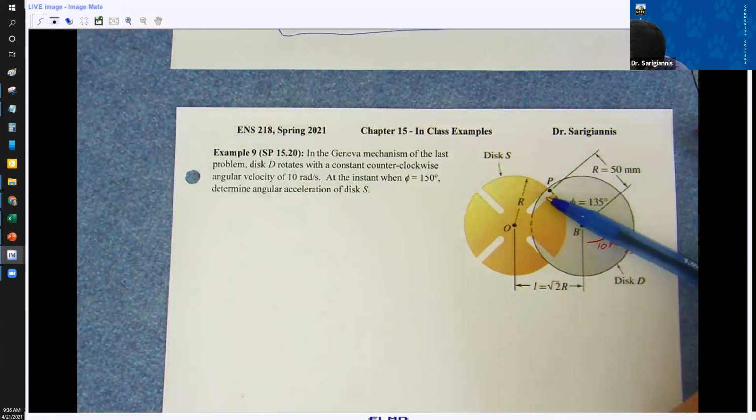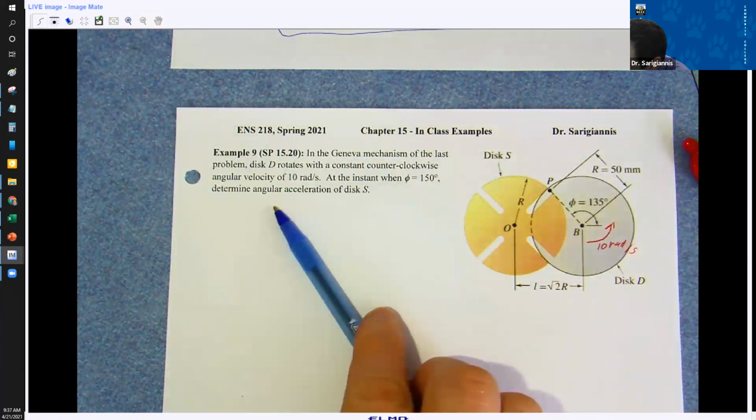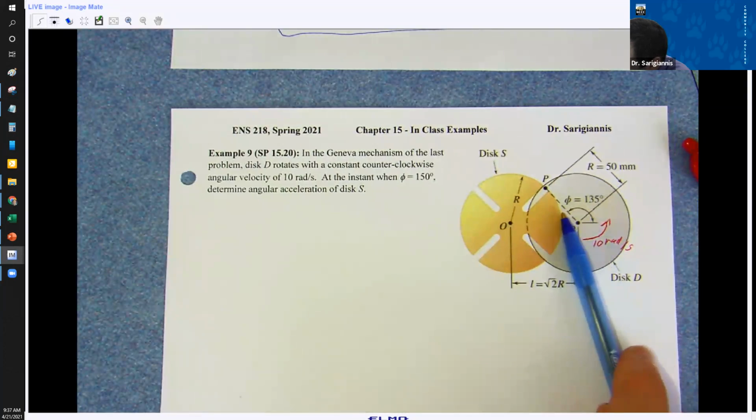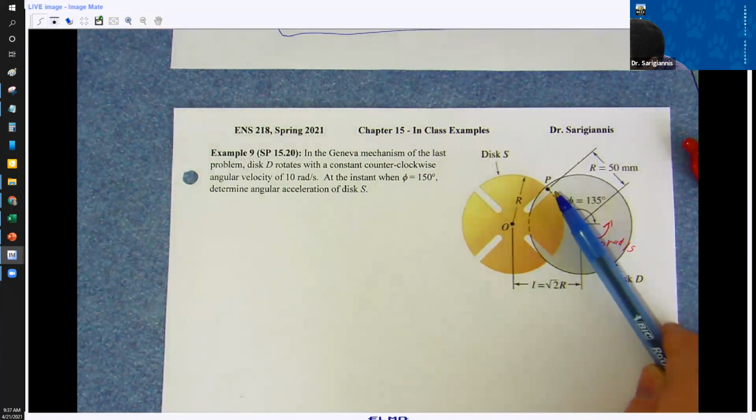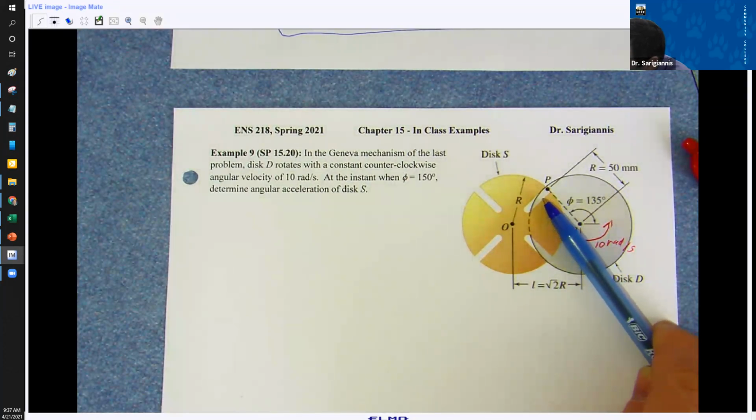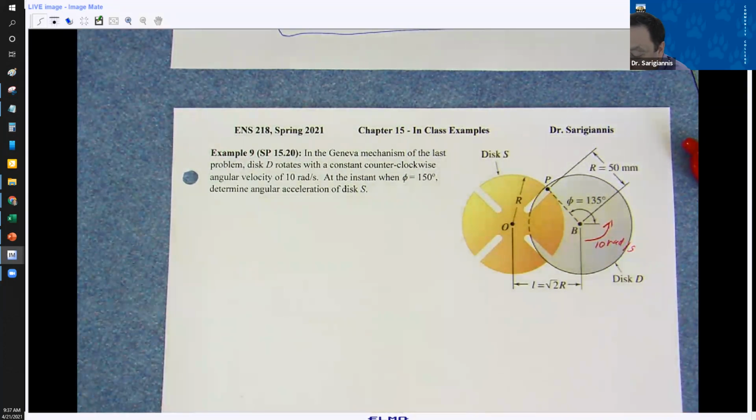So that's all they're trying to demonstrate. I'd forgotten this problem is set up weird. At 150 degrees, right? Now you've gone from 130 to 150. Determine the angular acceleration of disk S. So not only is this pin spinning disk S, it's taking disk S from basically rest through some velocity profile, and it's accelerating it.